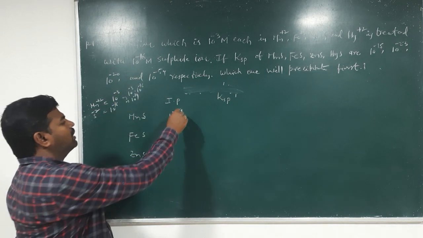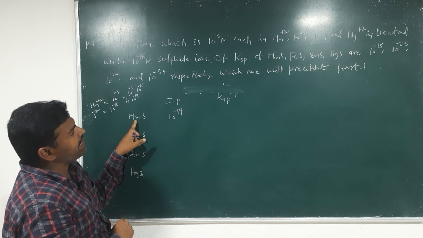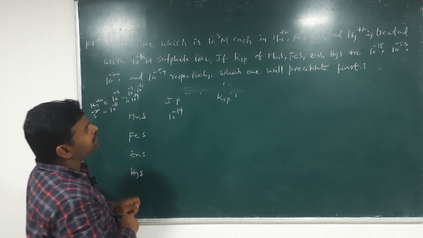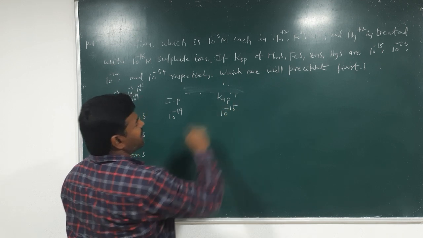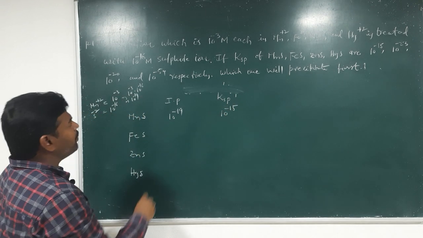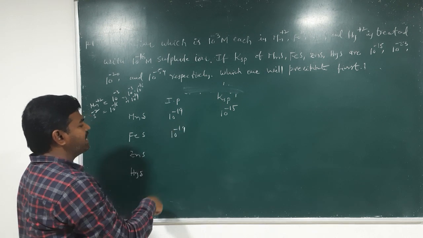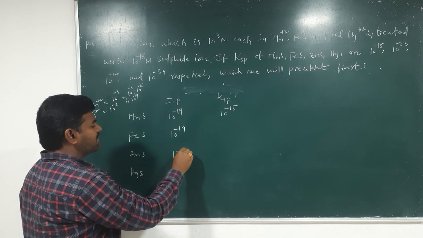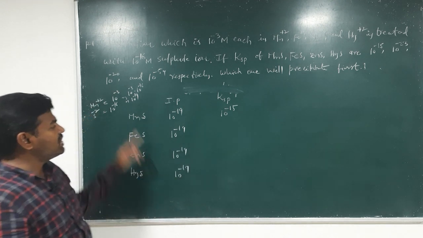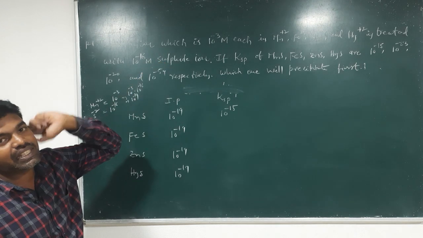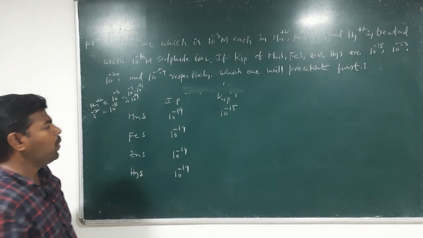And the ionic product of each salt is also 10 power minus 19, because each ion concentration is 10 power minus 3 and sulphide ion concentration is 10 power minus 16.